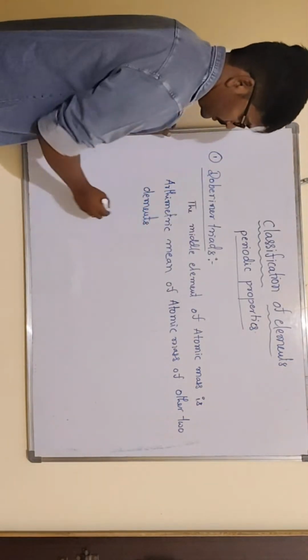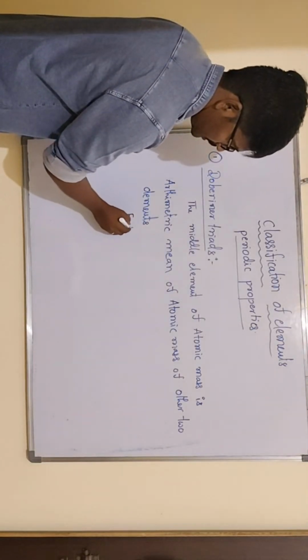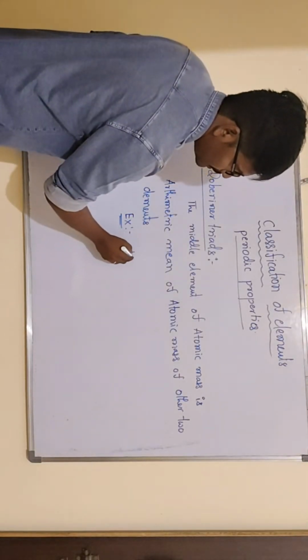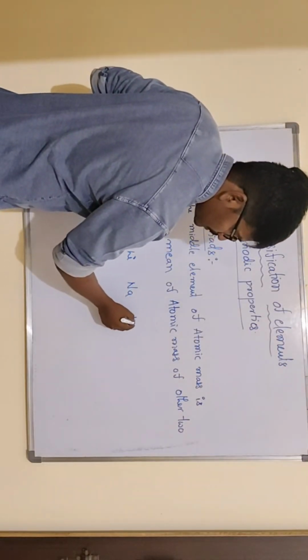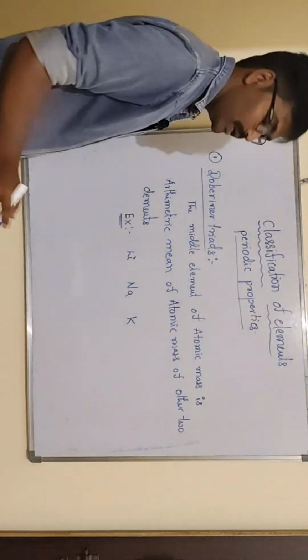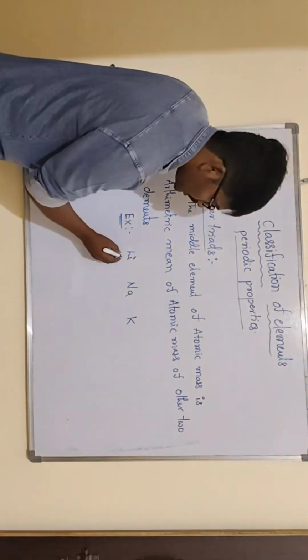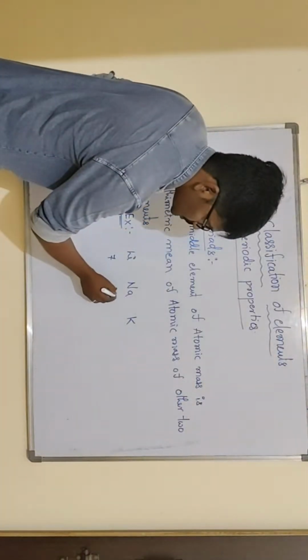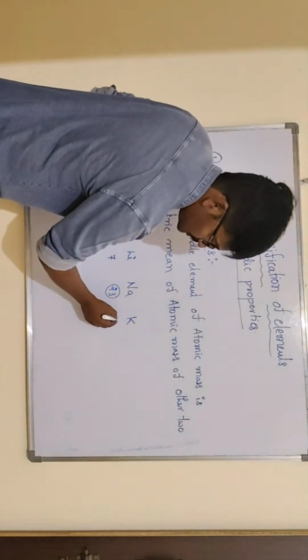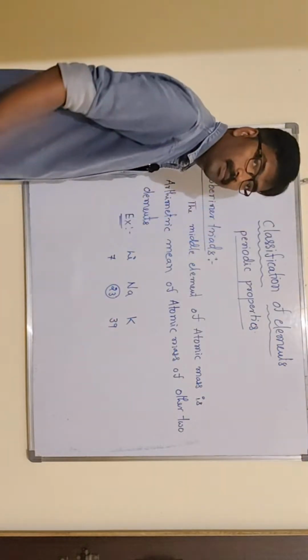For example, if you take lithium, sodium, potassium: lithium atomic mass is 7, sodium atomic mass is 23, and potassium is 39.